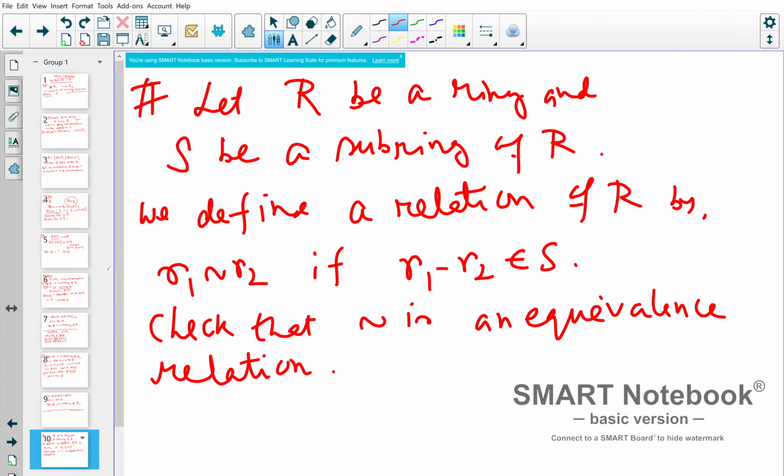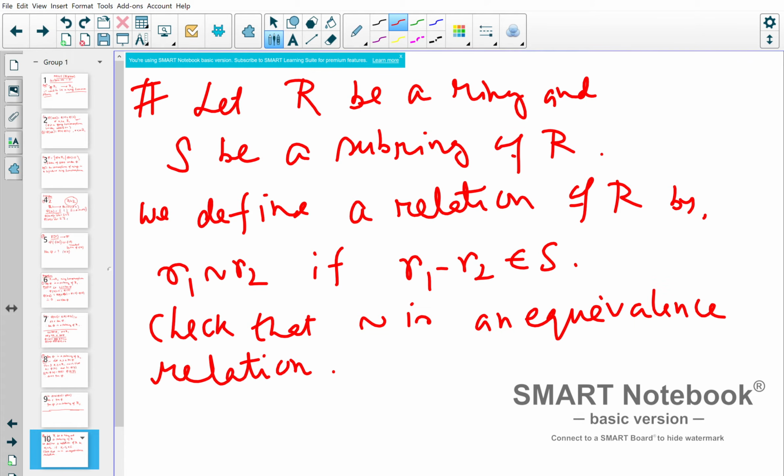Symmetric because whenever something is there in the subring, the negative element is there, and transitive also follows from the properties of a subring. So this is an equivalence relation. The moment you have an equivalence relation, you know it forms a partition, right? So these are nothing but equivalence classes, and equivalence classes make a partition on the set R, right?